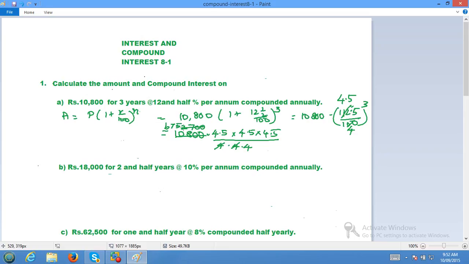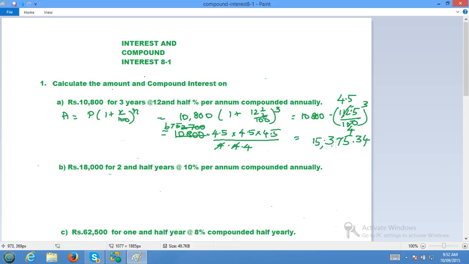So 675 multiplied by 4.5 multiplied by 4.5 multiplied by 4.5. If you just multiply and check, you will get 15,375 plus some change, some 34 paisa.